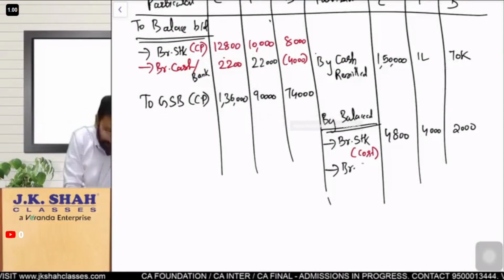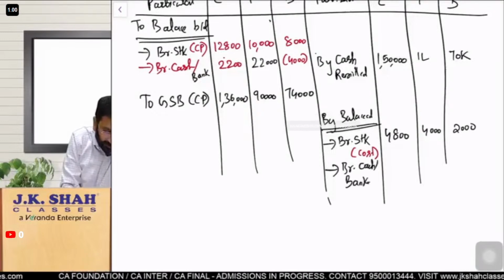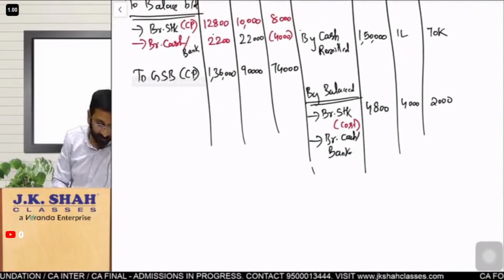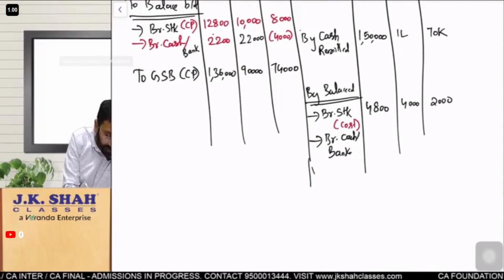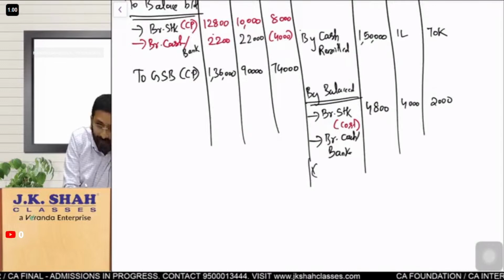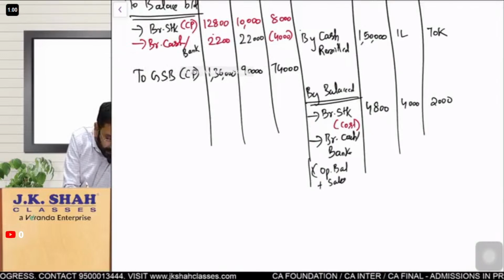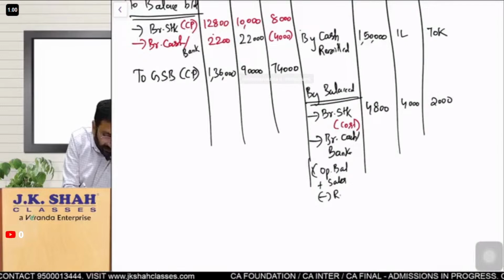So, branch cash or bank? In brackets, I'll just tell you. How do you find out the cash balance? Opening balance plus sales minus remittance.